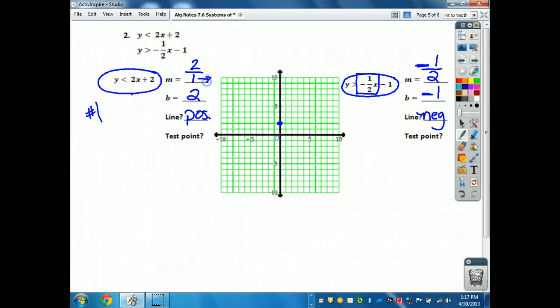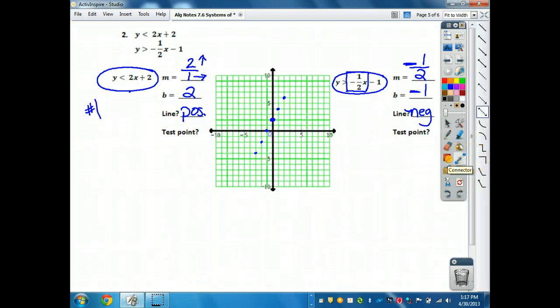Go to the right one, do I go up or down 2? Up 2 because it's positive, so right 1, up 2. Right 1, up 2. And backwards, left 1, down 2. Will this be a dotted or a solid line, class? Dotted, because there is no equal to sign under it.